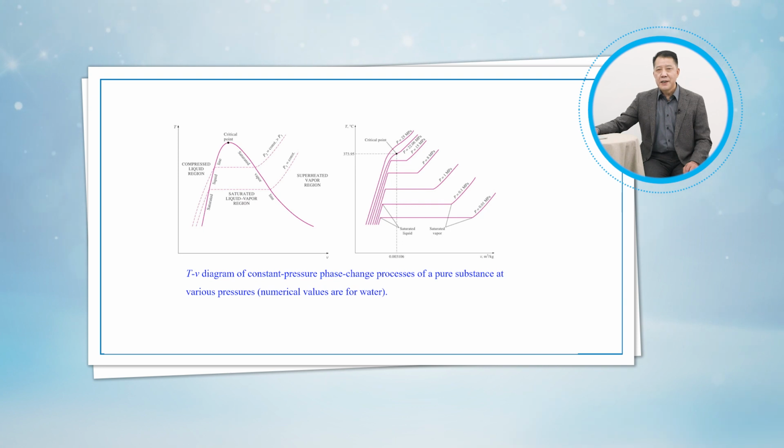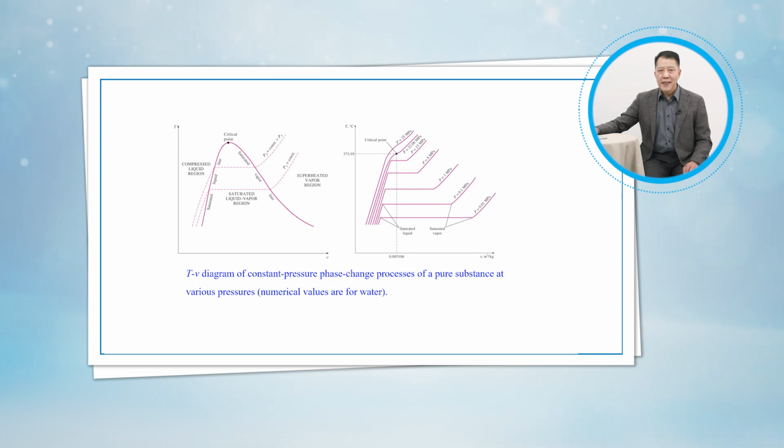The phase change process of water at 1 atm pressure was described in detail and plotted on a TV diagram. Now we repeat this process at different pressures to develop the TV diagram.